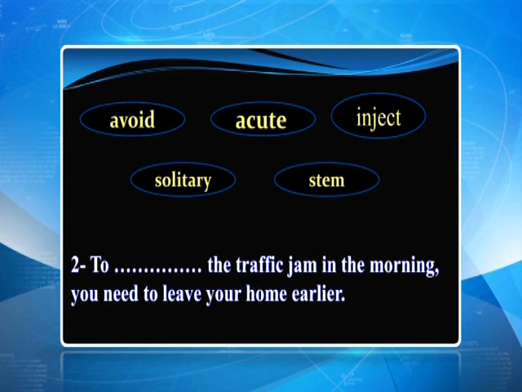Let's see. To blank the traffic jam in the morning, you need to leave your home earlier. So the traffic jam is a problem. We are not supposed to go to problems. We're supposed to do what? We're supposed to avoid the traffic jam. Very good. Now let's move.